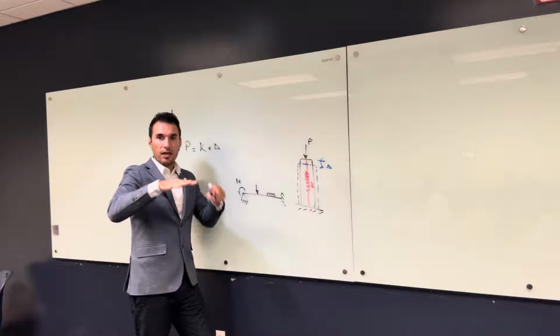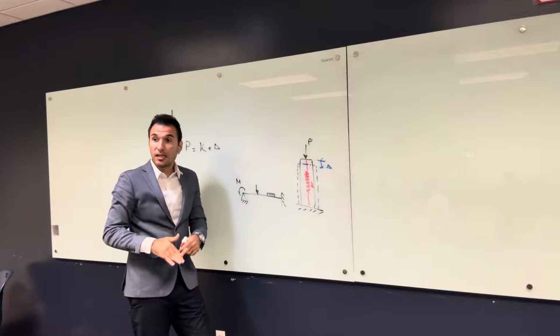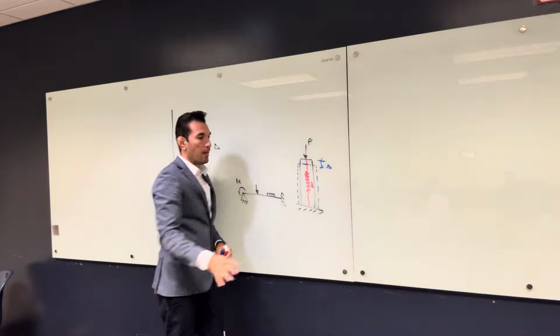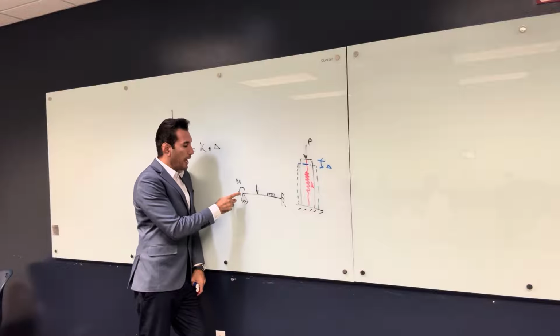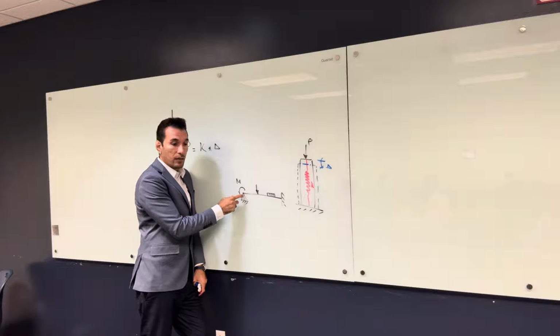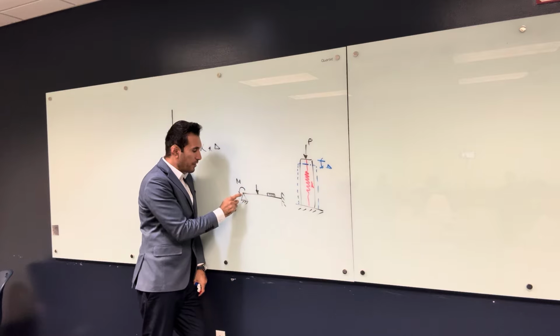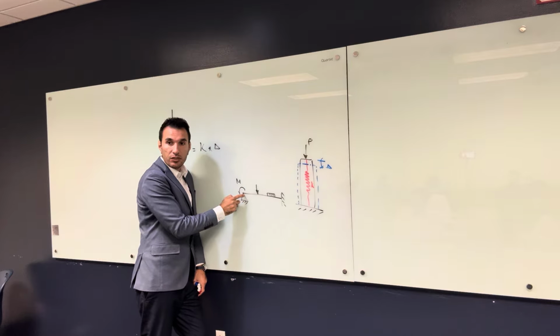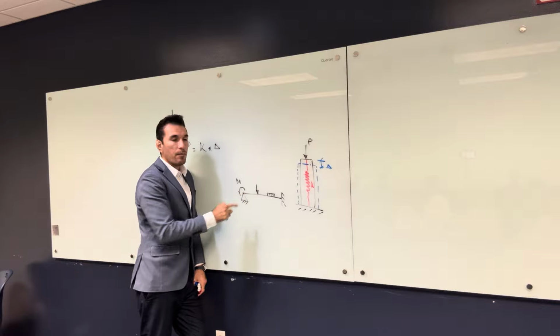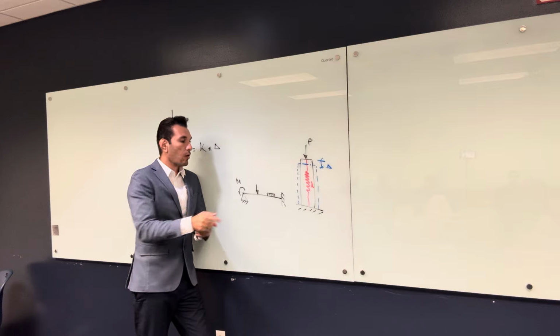You put a load, the column is compressed, and you have a delta. But I want to look at, for example, the rotation that is going to happen here. Because the stiffness of this beam is going to affect the rotation at the joint. But not only the stiffness, also the loads.